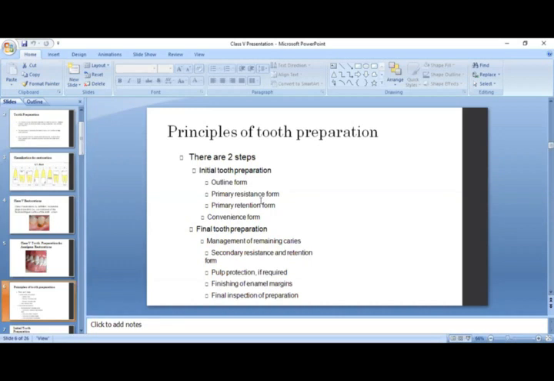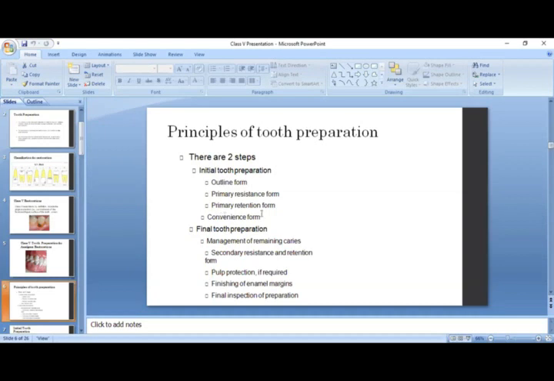So the difference between the resistance and the retention form: resistance form is the form of the cavity that resists against the fracture of the restoration or against the many opposing forces that affect the restoration, while the retention form produces resistance against the dislodgement or the pulling out of the restorative material or filling material from the cavity. So this is the difference.